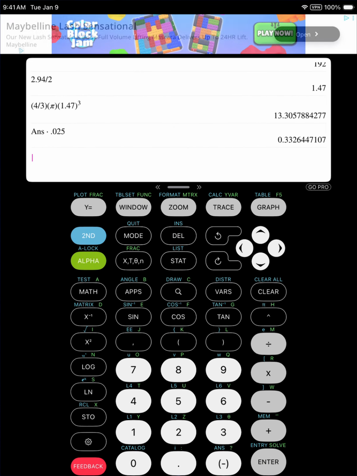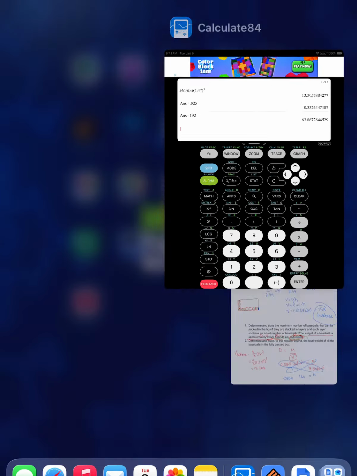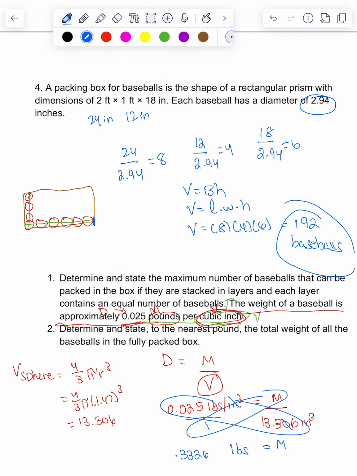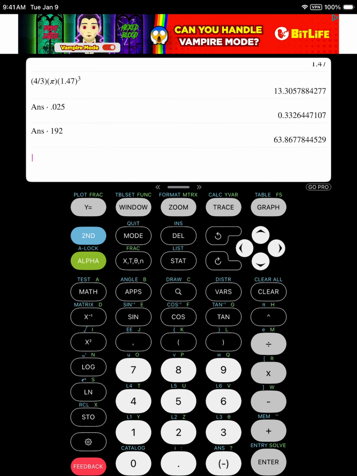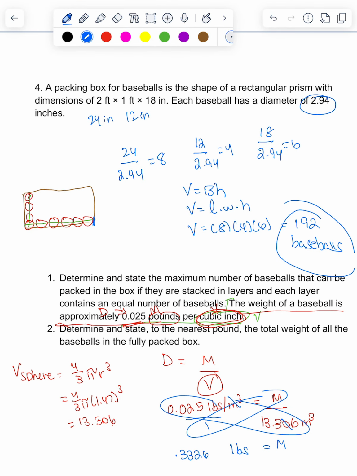So all I have to do is take this value and multiply it by 192. And then I see that is approximately, it says to the nearest pound, so that is approximately 64 pounds that the baseballs weigh. So I'm going to write that here, times 192, and that's approximately 64 pounds.